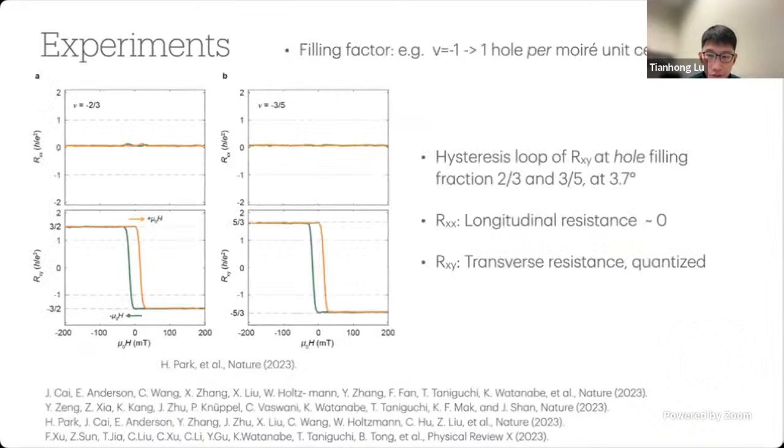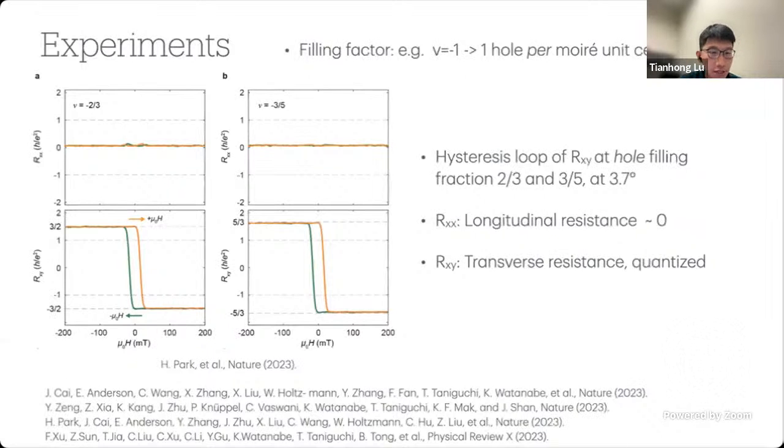The first result shows the measurements of longitudinal and transverse resistance at filling fractions 2/3 and 3/5. This material has a twist angle of 3.7 degrees. In the first row of the figure, the longitudinal resistance is about 0 at all times. This is a common feature of the quantum Hall effect.